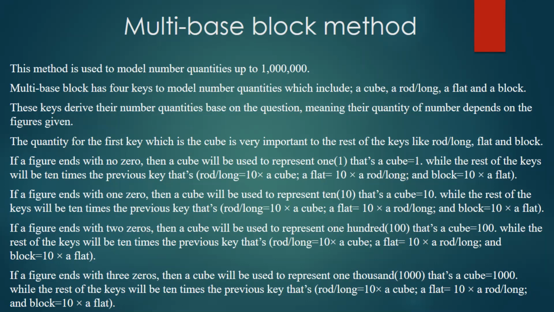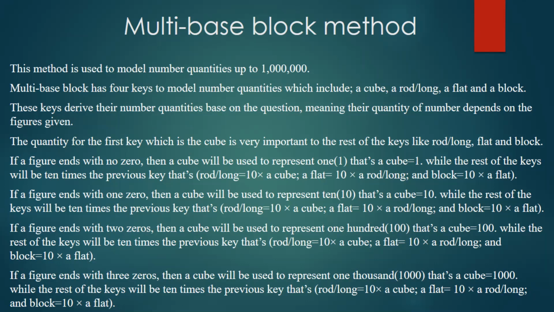If a figure ends with 10, then a cube will be used to represent 10. That is, a cube is equal to 10, while the rest of the keys will be multiplied by ten times the previous key.